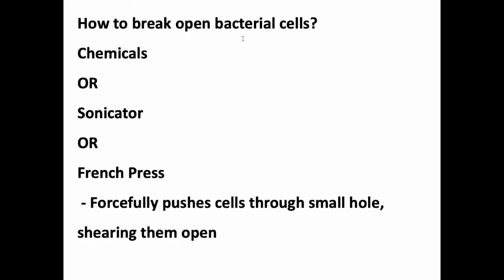Okay, now we move on to the final step of molecular cloning. We have broken open these bacterial cells, they've released all their guts. We need to get our protein of interest away from all the other stuff. How to purify this protein of interest, because they've been making our protein, but they've been making a bunch of other proteins.